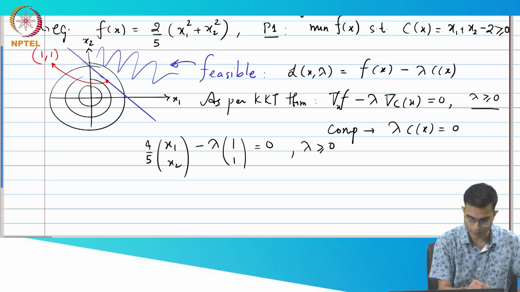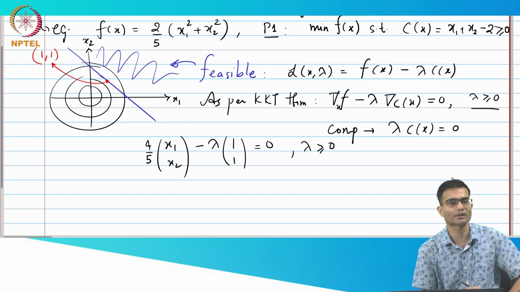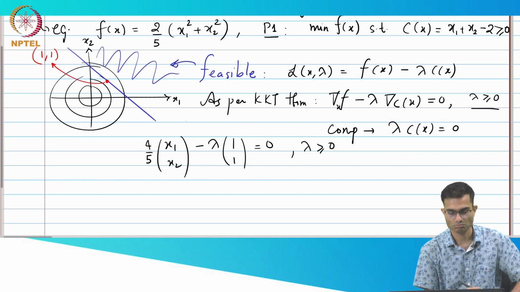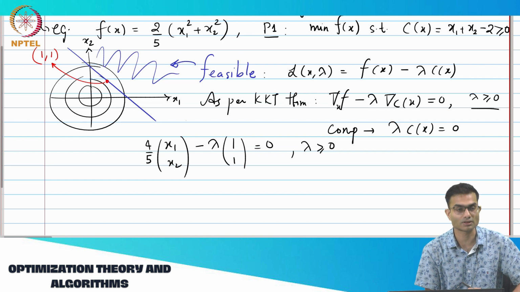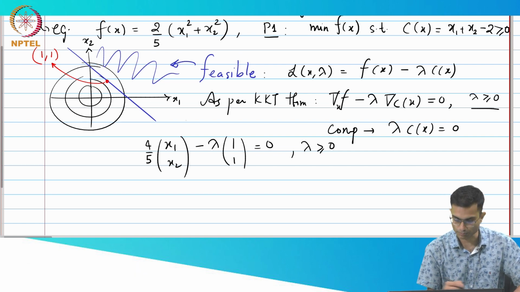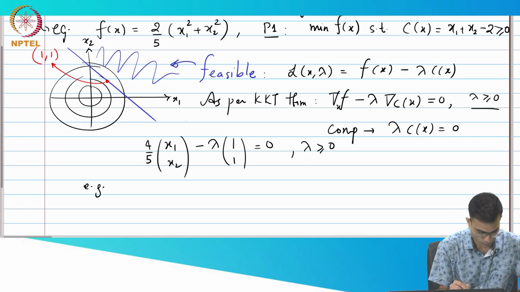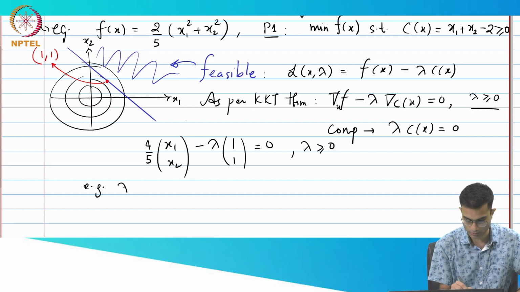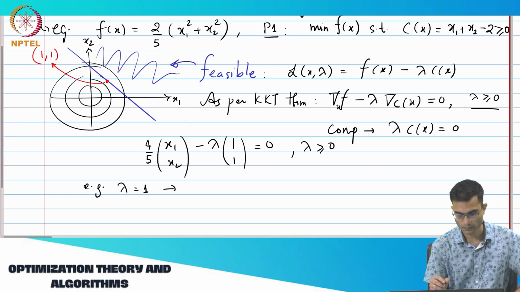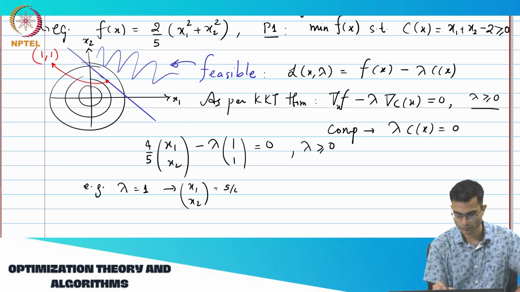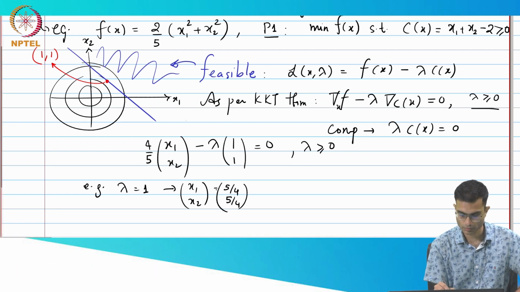So this is what we get. Of course, this is not good enough by itself, because I can take any value of lambda, substitute, and I will get some value of x1, x2, right. So for example, if I take lambda equal to 1, what do I get? I get x1, x2 equal to 5/4, 5/4, right.